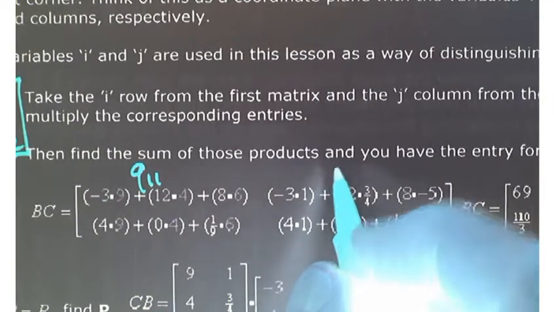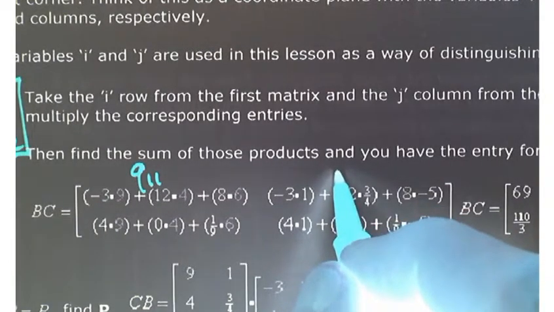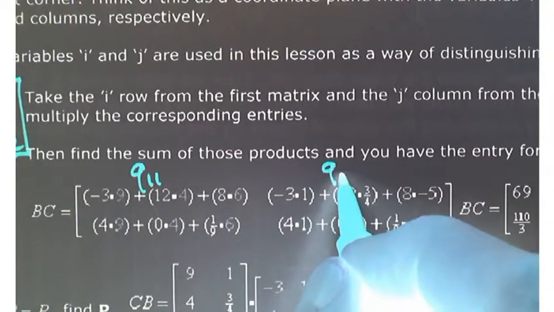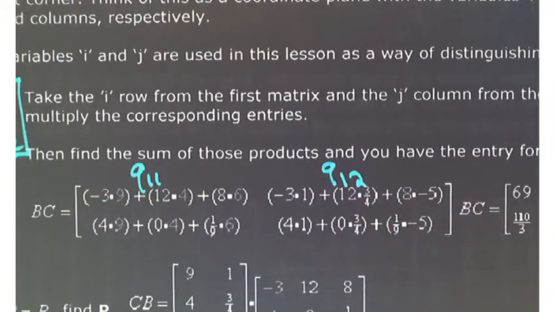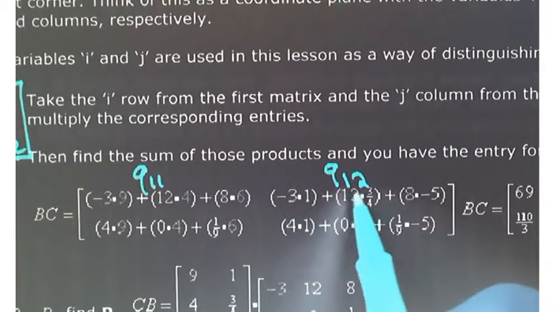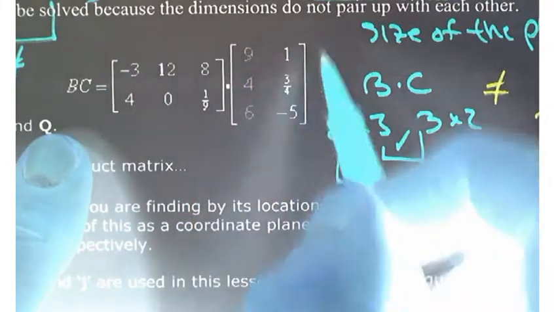Let's move over to this one. What's this one going to be? Q what? Q12. First row, second column. So you go to the first row of B times the second column of C. So it's this row and this column.